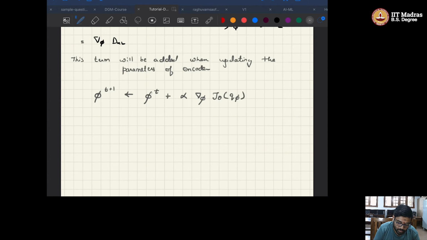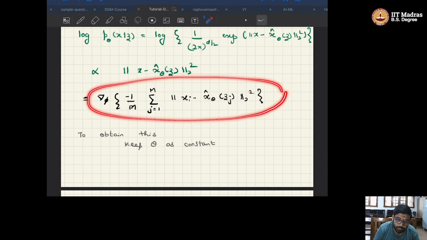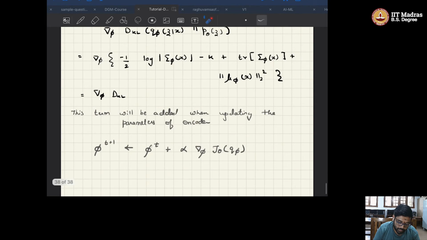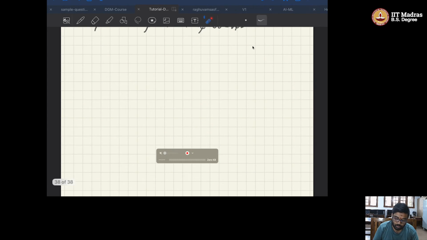Okay, now how do you get that? You calculate this term, you add them, and that will be your gradient. Okay, and this is the standard update. This is how you train your encoder.